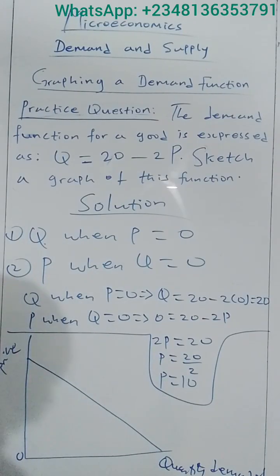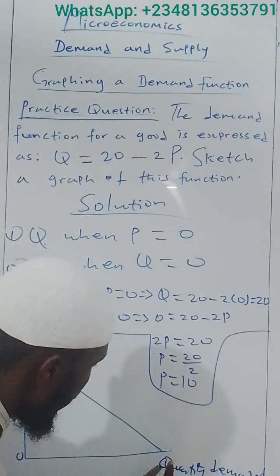So don't forget the value of P. The value of this point is the value of P when Q equals 0. When Q equals 0, what is the value of P? The value of P is 10. So 10 will be here. The value of Q when P equals 0 is equal to 20.